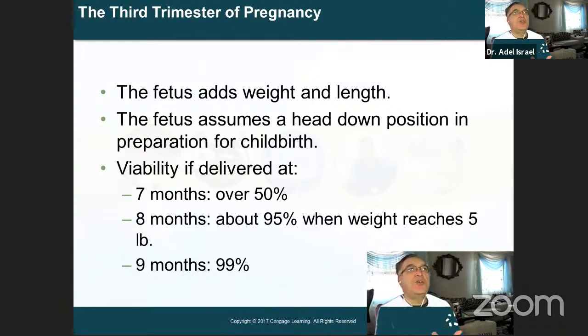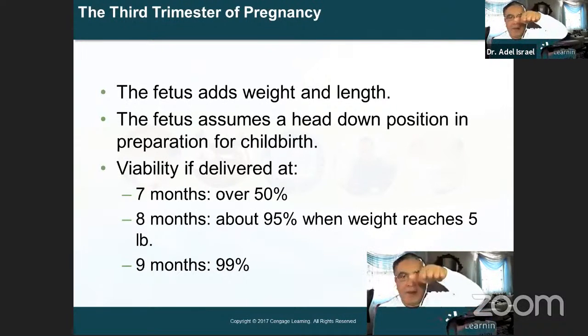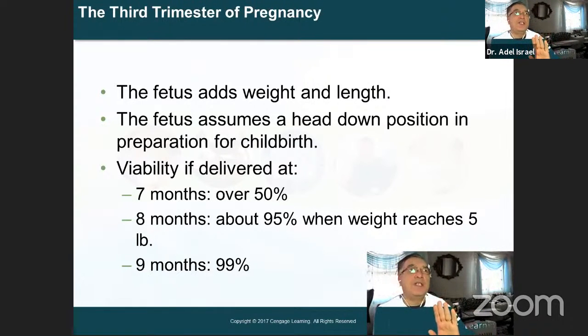He is so shy, so he has to keep his head down and not look at his mother's genitalia. So he has to be delivered with the occiput on top. This is called occipito anterior. This is the normal presentation.